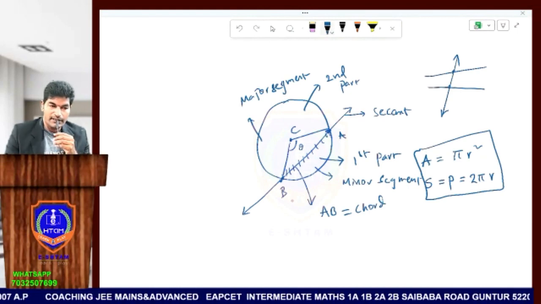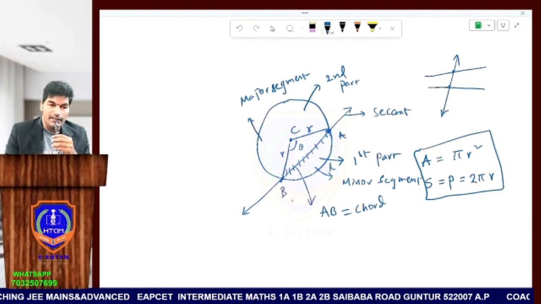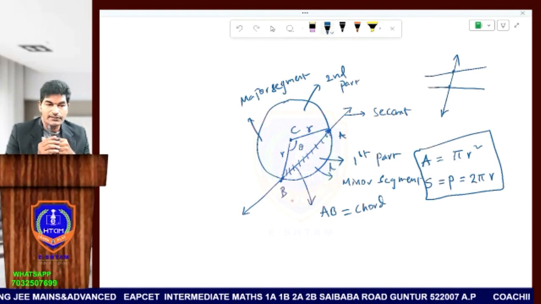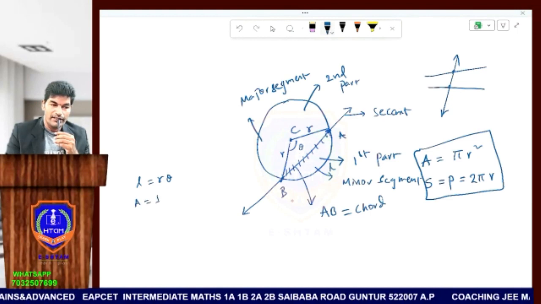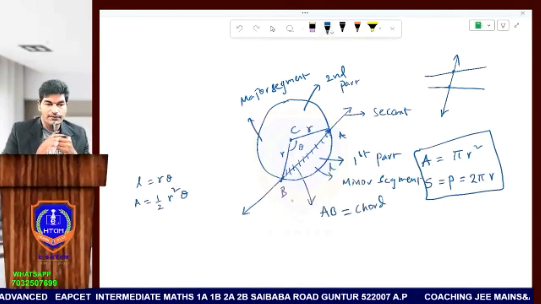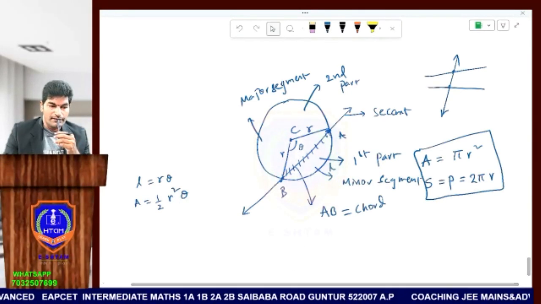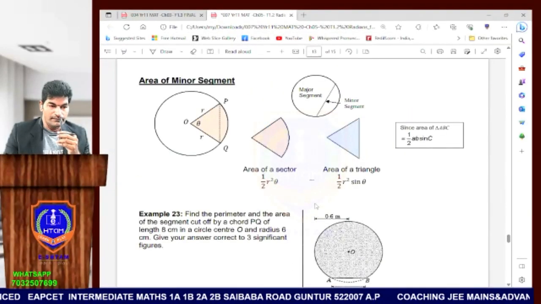AB is a sector and theta is the angle of that sector inclined at the center. This is the radius, and this arc AB is called L. We can find the circumference of that sector using the formula L equals r theta, and also by using the formula 1/2 r square theta, we can calculate the area of this sector.